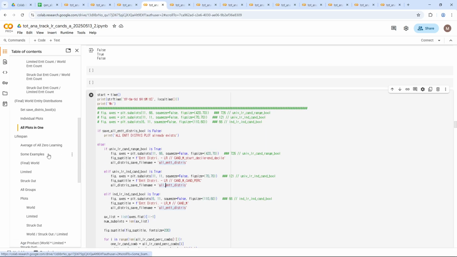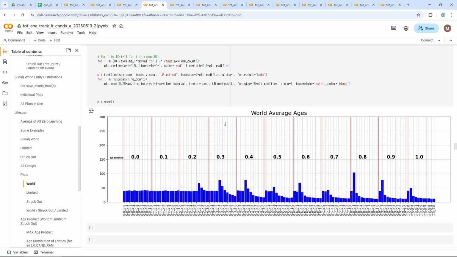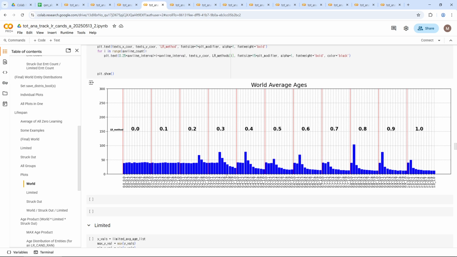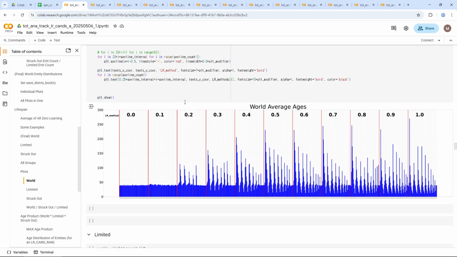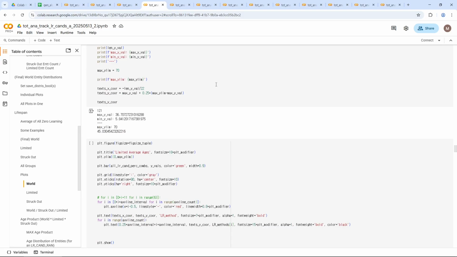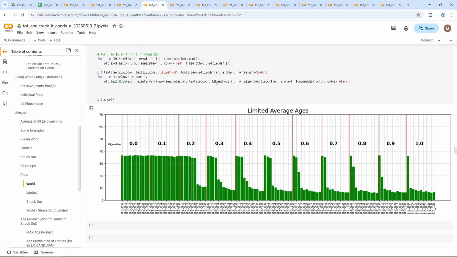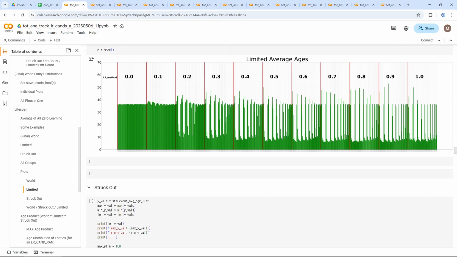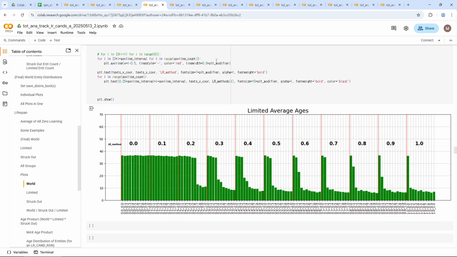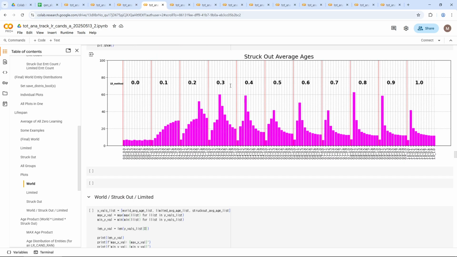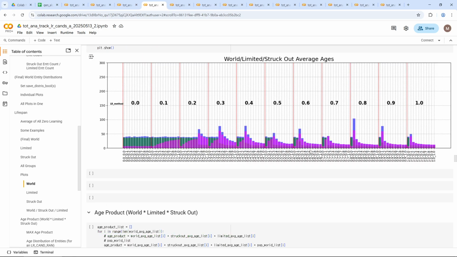Yeah, and let's have a look at the lifespans. There we go. For the world, and compare this to the world lifespan. Limited average ages. Limited average ages. Yep. Struck out. And when we put them all together, this is what we get.